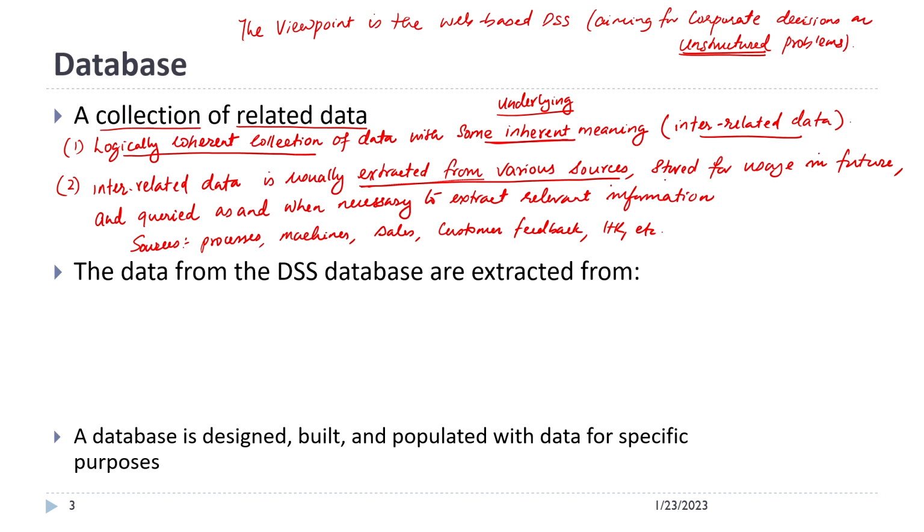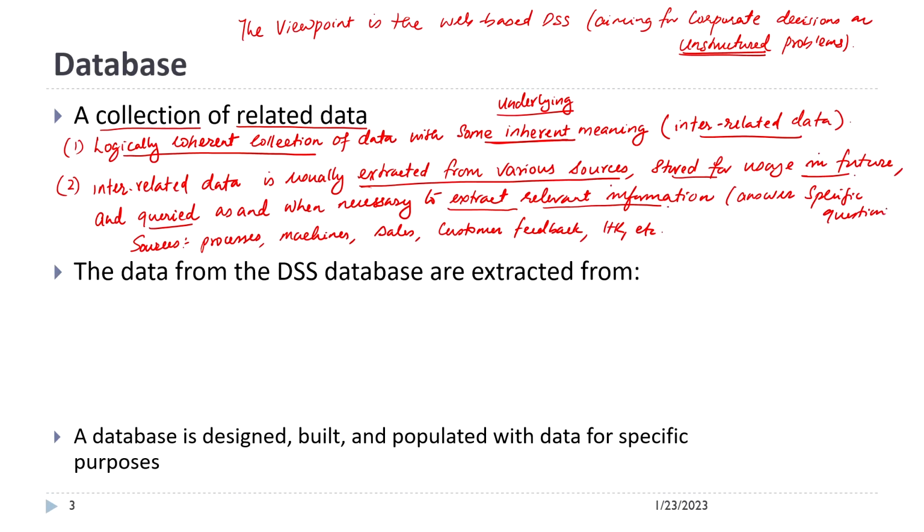Then once you extract it, what do you do? You store it for future usage. You want to use it in the future, so you store it, and after you store it, what happens? You query it, or you try to extract what you need out of this. Information is a loose word here. You may basically say answer a specific question.